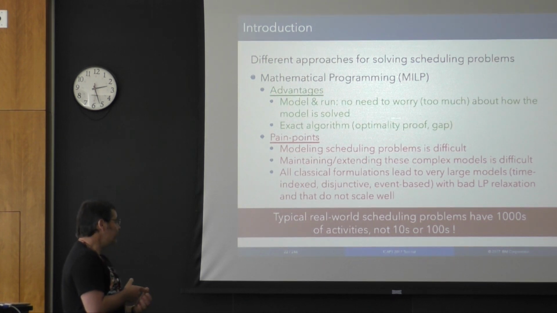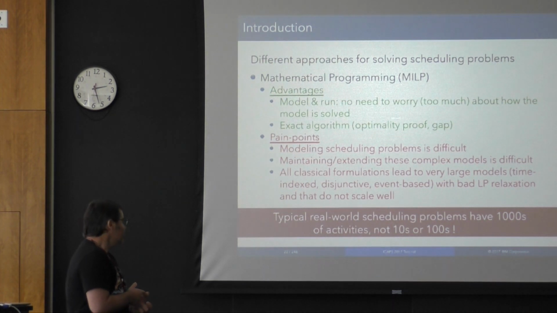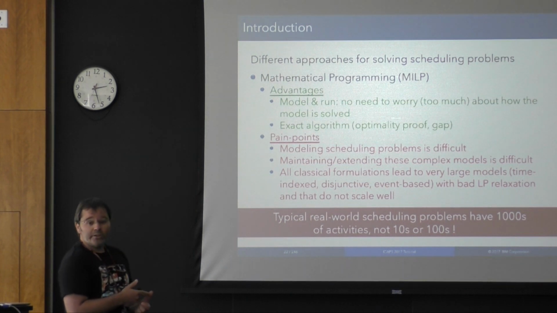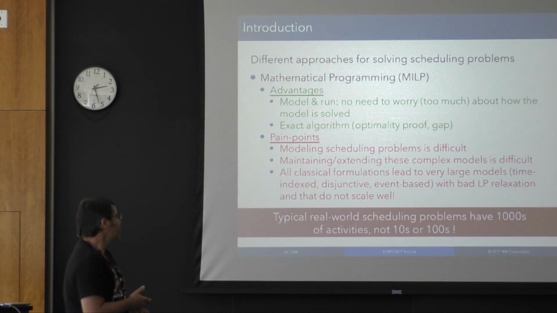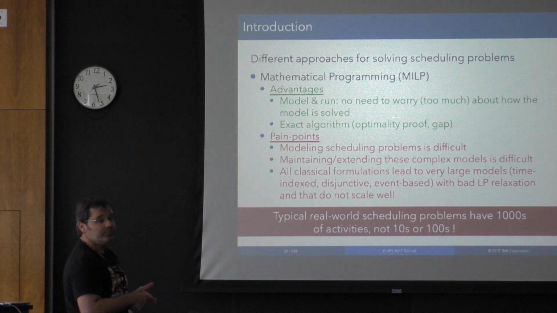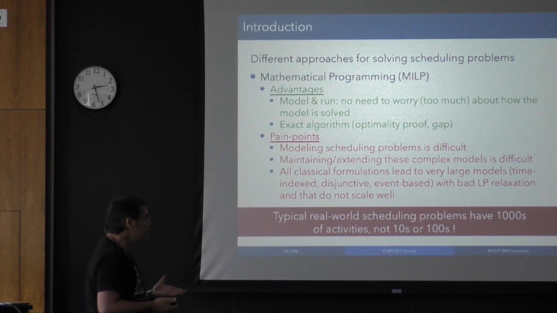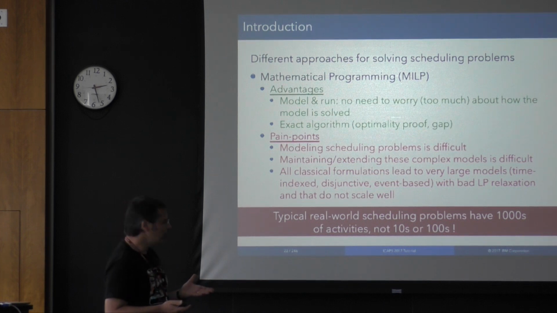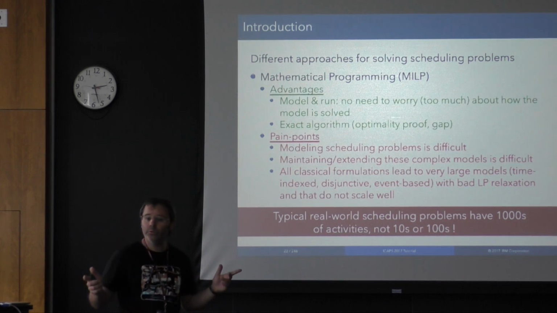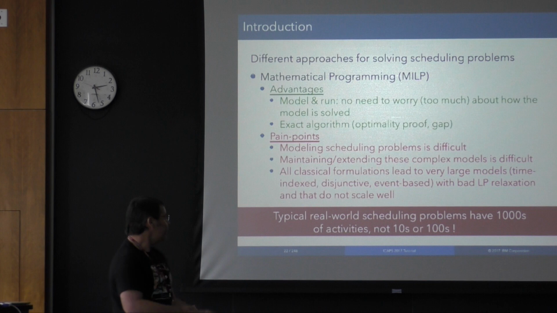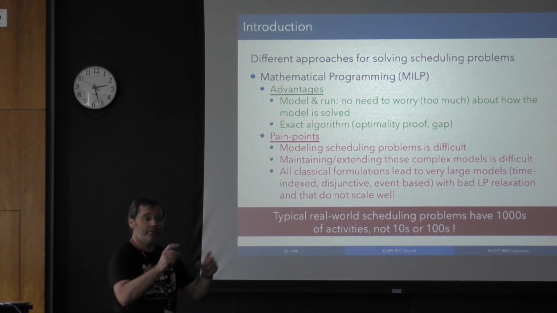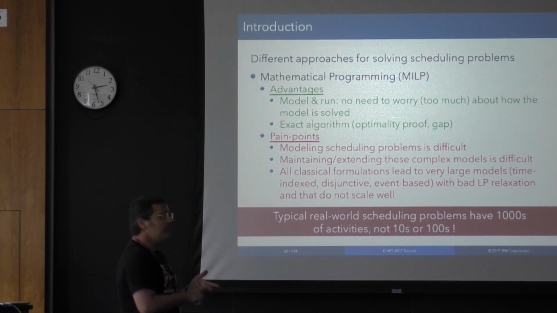The second problem is the limitation of the model itself. In fact, all classical formulations of scheduling problems in MIP tend to have a very large number of variables and constraints. There are not that many classical formulations of scheduling problems. For those who know MIP, you have the time-index formulation, the disjunctive formulation when you have unary resources, or the event-based formulation.